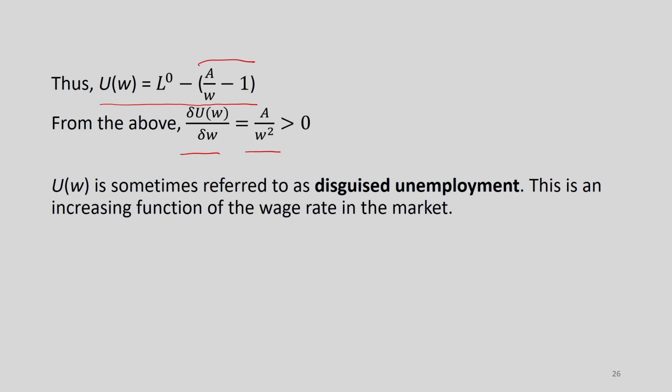We were asked to find the nature of the UW function, and I have taken the partial derivative of UW with respect to W and found it to be positive. So, UW is an increasing function of the wage rate, which basically means that as the wage rate in the market rises, the additional employment in the family firm compared to the X firm, the capitalist firm, is actually rising.